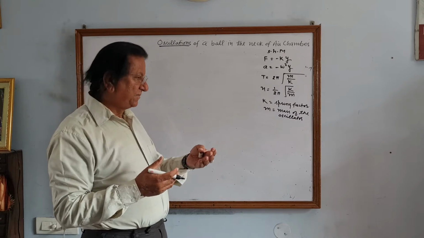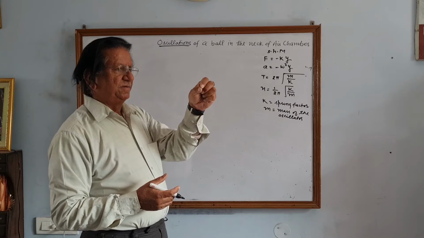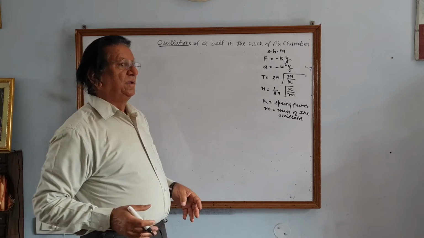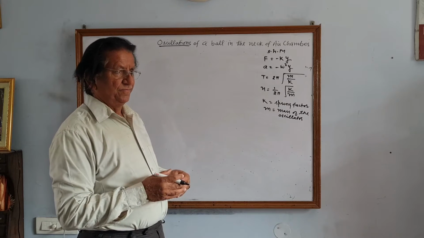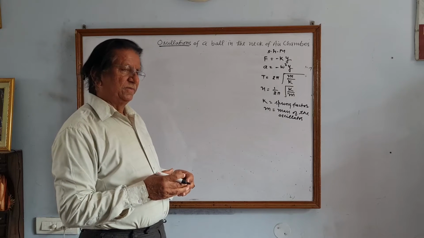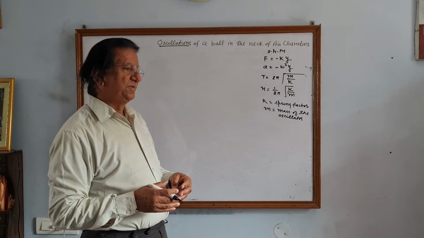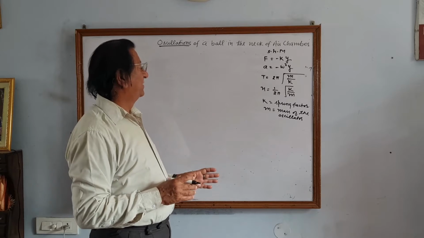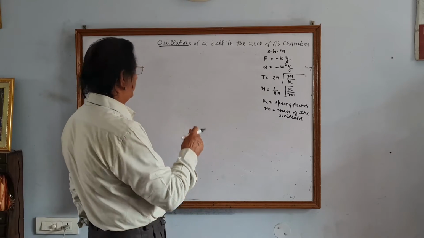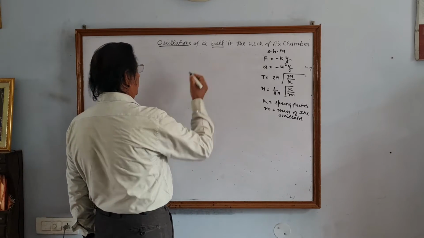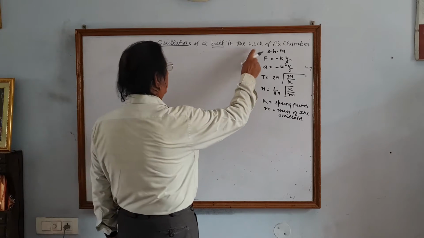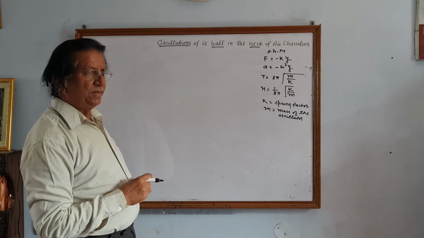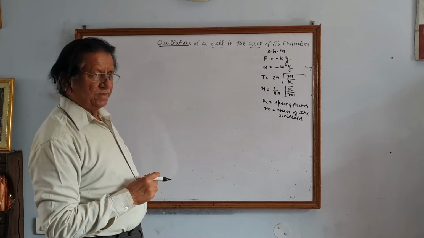You have seen the case of the body which is dropped in the tunnel which was dug along the diameter of earth. That also starts executing simple harmonic motion about the center of earth. So these cases you have already done. Now, case of a ball which has been put in the neck of air chamber, and you have to study its oscillations.